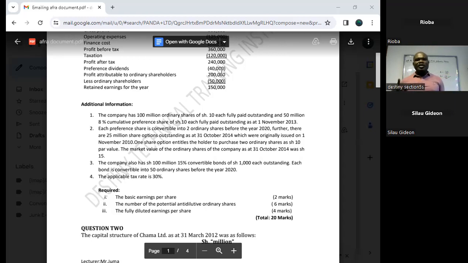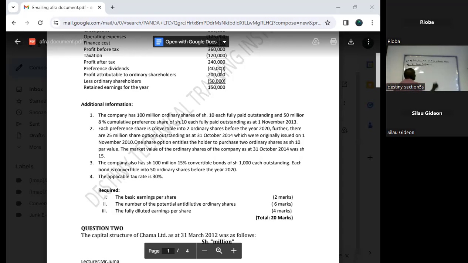Each preference share is convertible into 2 ordinary shares before the year 2020. Further, there are 25 million share options. Let's deal with those preference first. So you come here and say A. So A, this is 8% convertible preference.